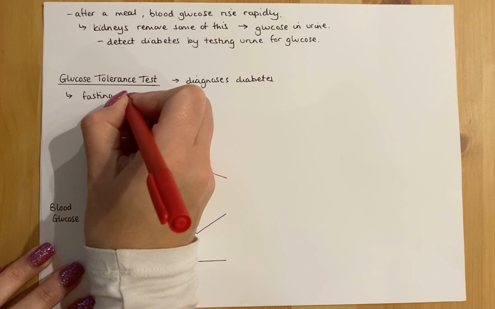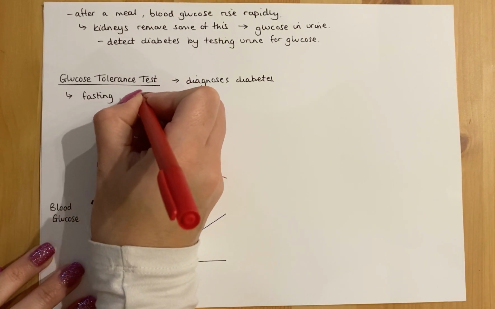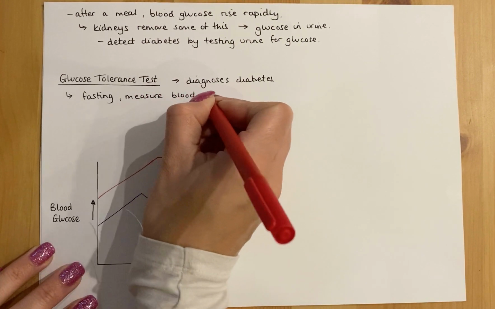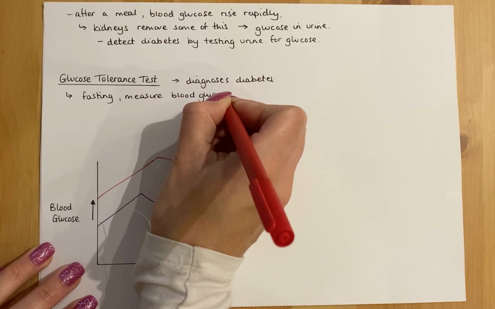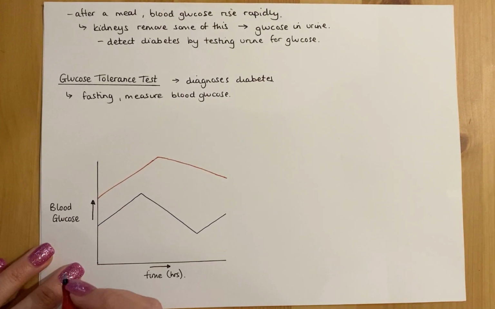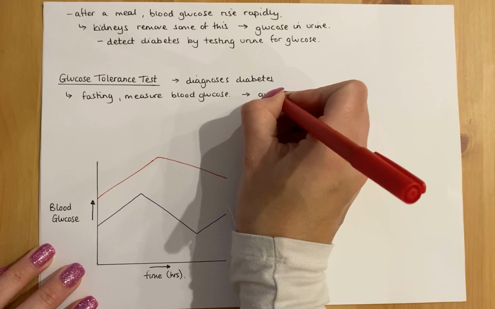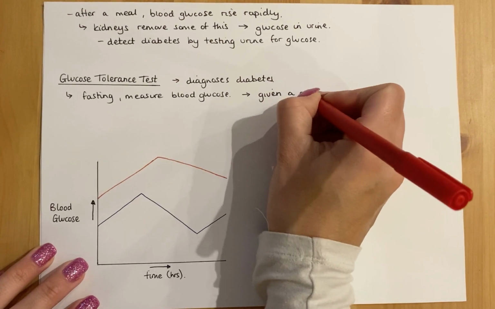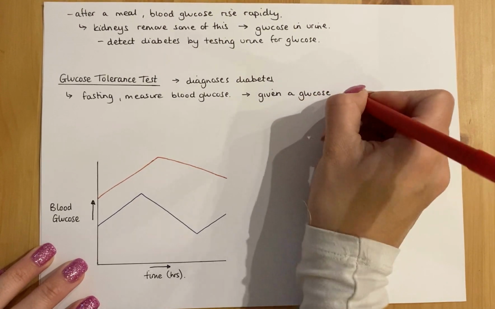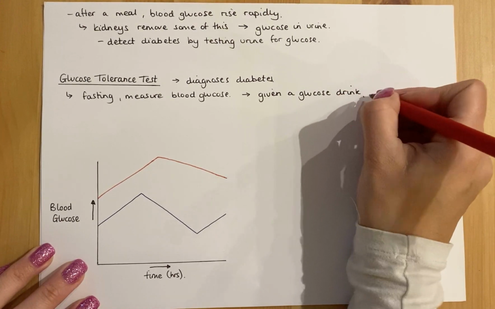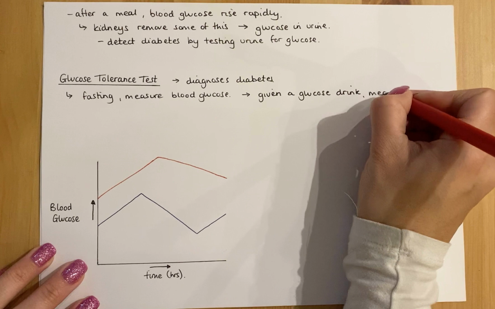and then their blood glucose is measured. After they've fasted and their blood glucose is measured, they're given a glucose drink of a known concentration. Then we measure their blood glucose again over time.